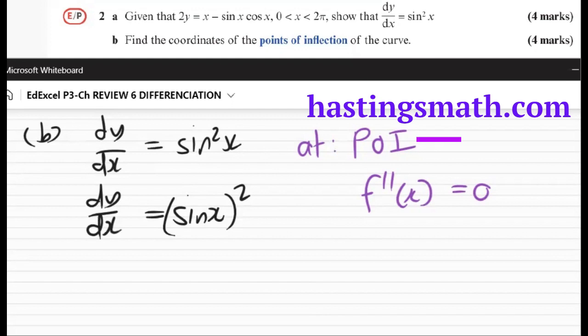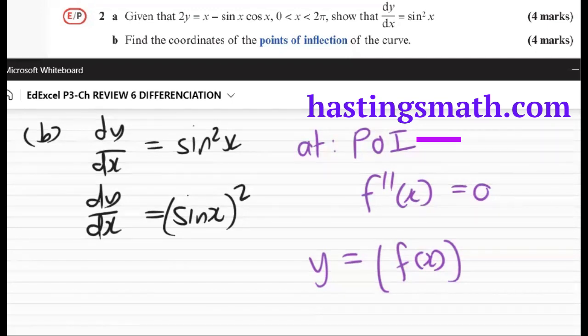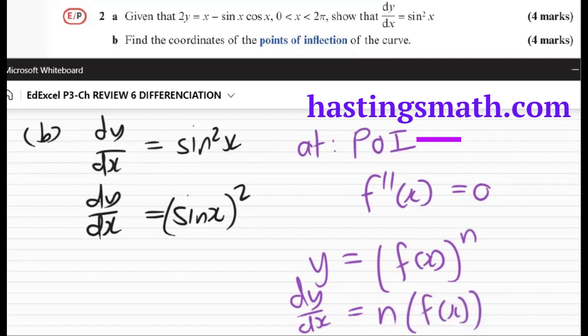Quickly looking at the chain rule. If we were to write the chain rule, if y is equal to some function to the power of n, then dy/dx is we times by n, and then we place the whole function, and then we minus 1 from the n.